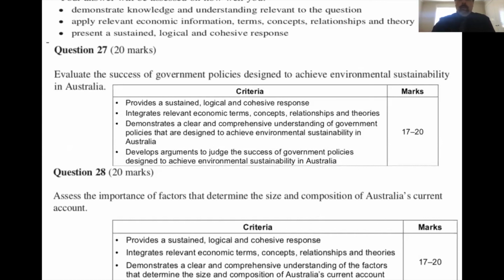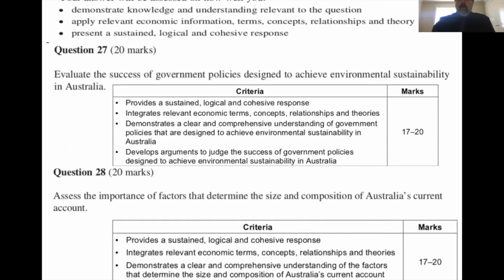The second question, 28, looks at the importance of these factors. If you're asked to assess the importance, we're making a judgment, aren't we? We're saying this factor is a large contributor to the size and composition of the CAD, or it's insignificant, whatever it might be.